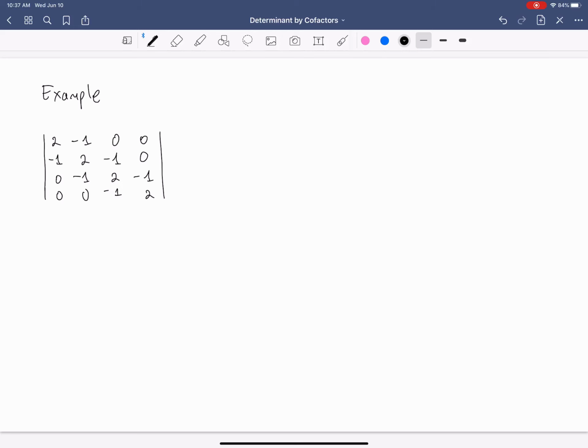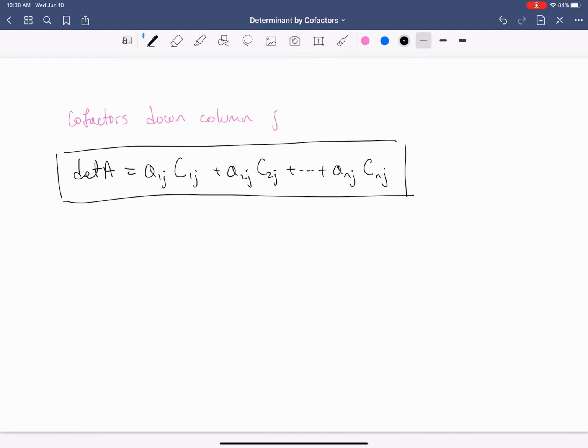The first row is good, the last row is good, the first column and the last column are all equally good. Why do I say that? Because the formula for expansion contains a_1j, a_2j, a_nj, which are the entries in the jth column. So if, say, this entry is 0, I don't really have to look at that cofactor, right?